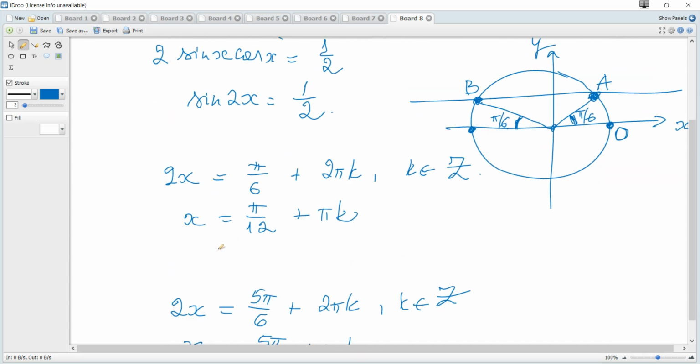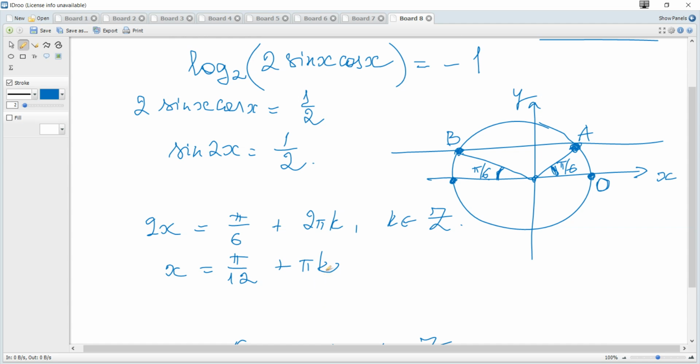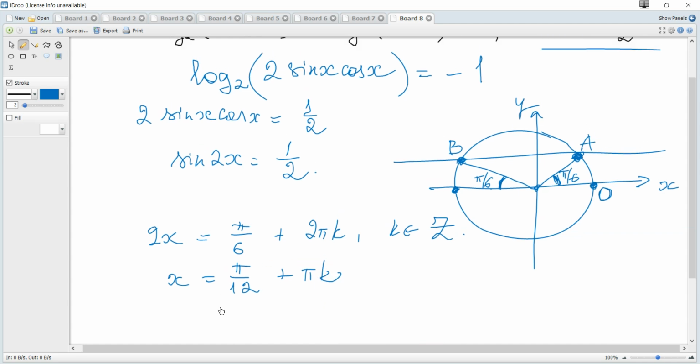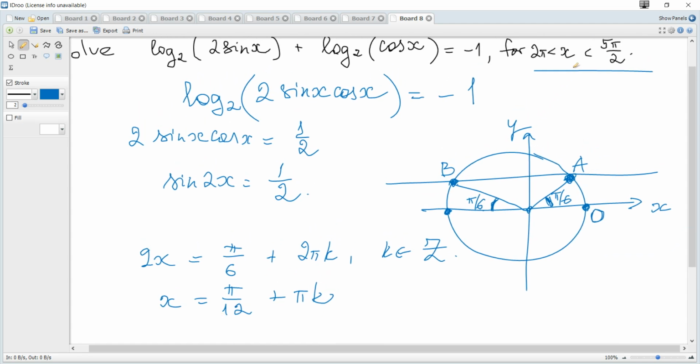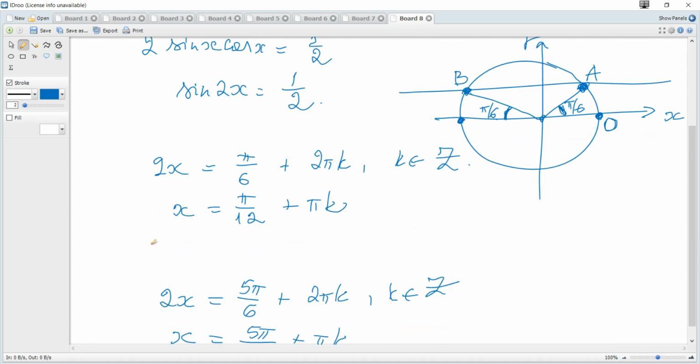Then consider k is 1. It will be pi plus something. Definitely it will not be greater than 2 pi. But when k is 2, we get 2 pi plus pi over 12.